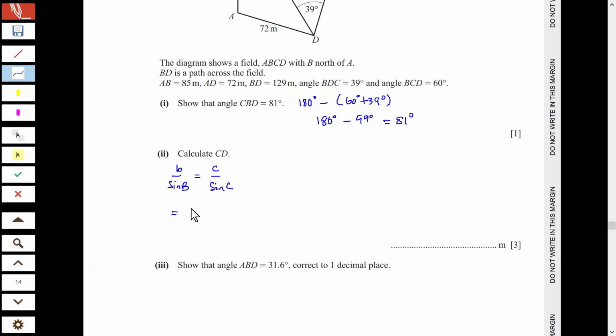Side b, which is CD, is not given, so we make b the subject.